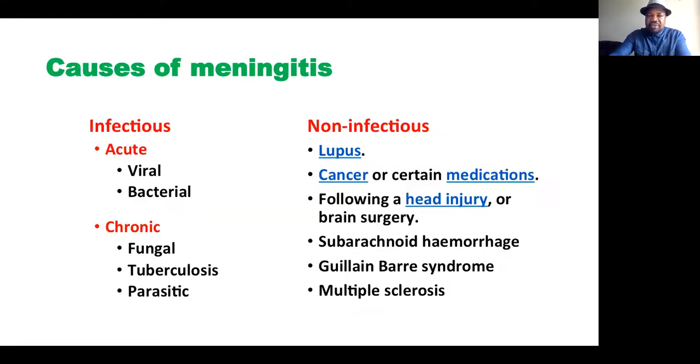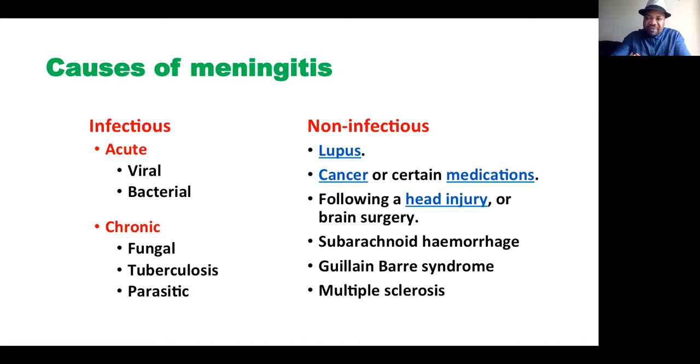Okay. So the causes of meningitis can be subdivided into infectious and non-infectious causes. Non-infectious causes can be conditions like lupus, cancer, and some anti-cancer medications. A patient can also develop meningitis following a head injury or a brain surgery, mainly as a result of subarachnoid hemorrhage.